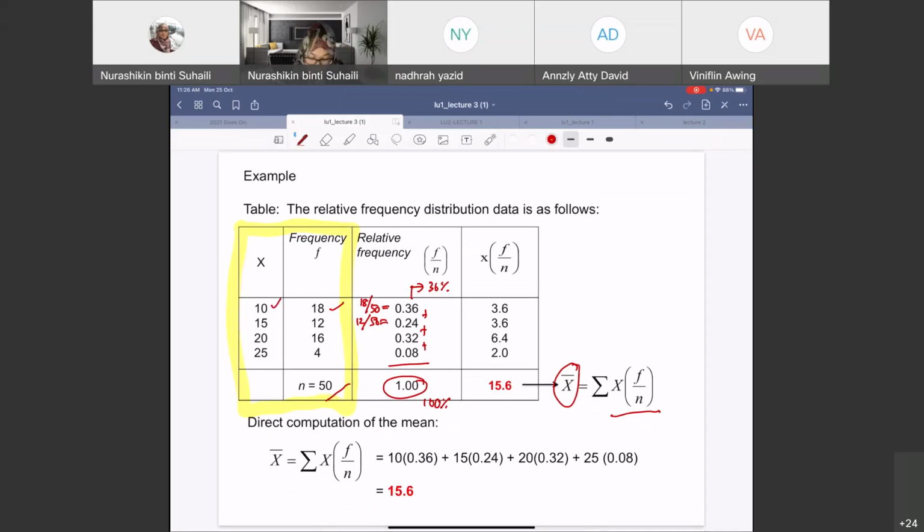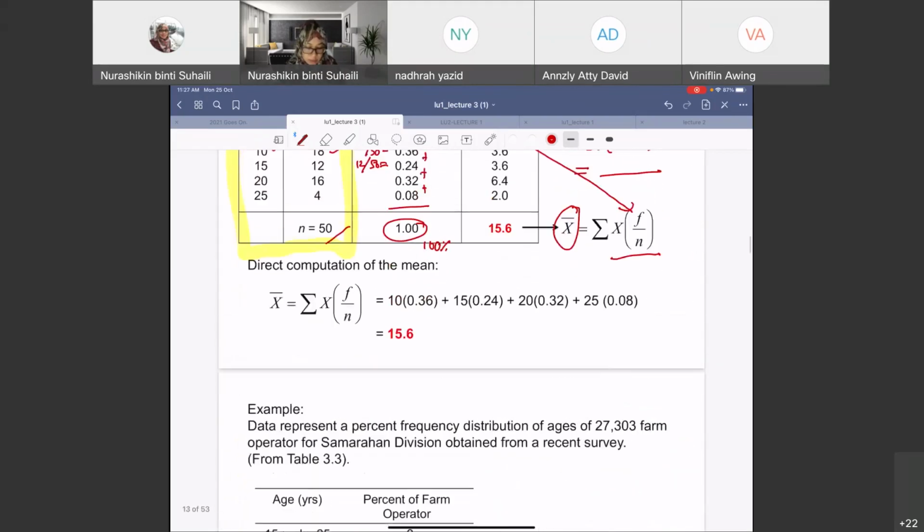Once you solve f divided by n, you just sum up all of the multiplications: 15 times 0.24 plus, and so on until 25 times 0.08. The summation of this is equal to the mean. You don't have to divide by n anymore because the whole term here is actually this one. That's another way to find the mean.